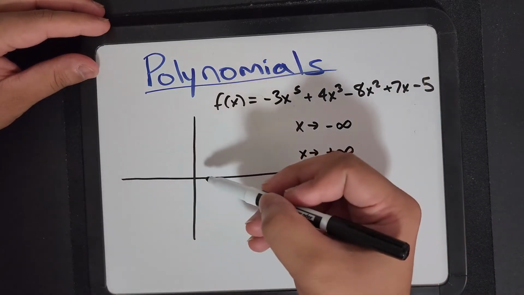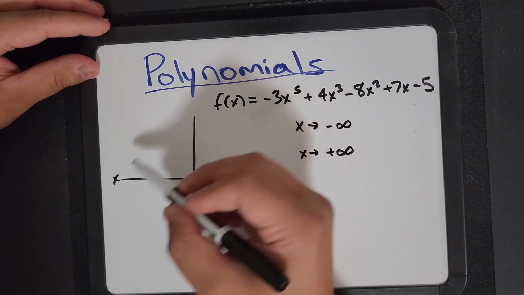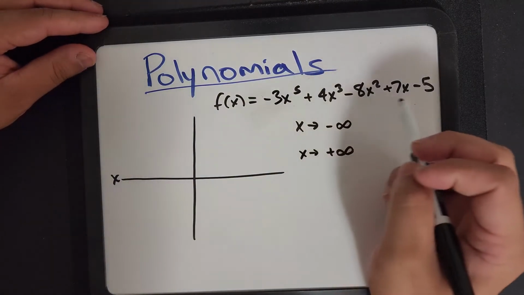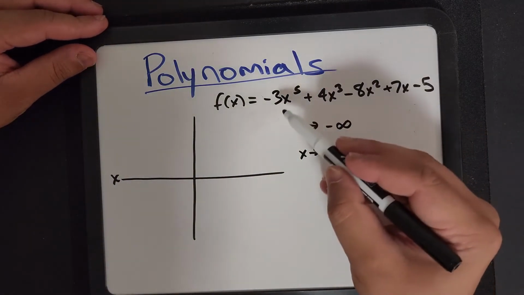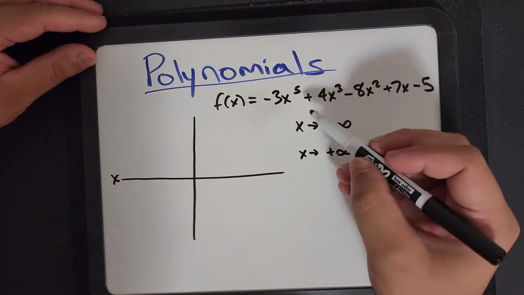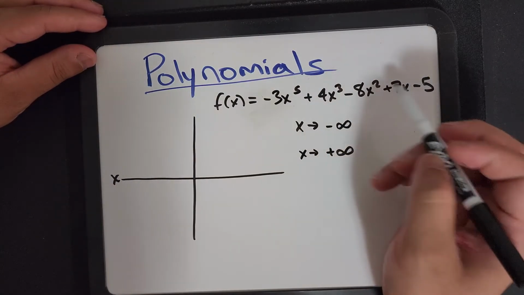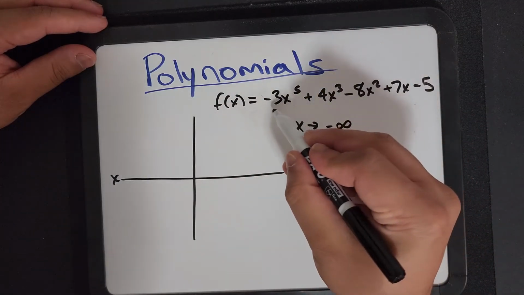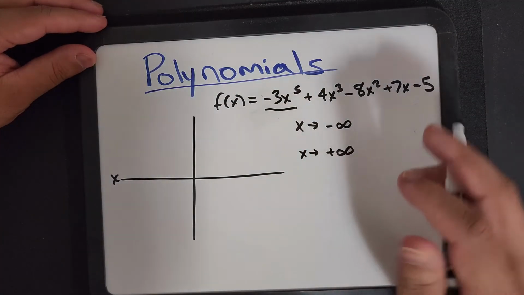So the x value is going into the negative side. If I was to plug in a very big negative number into this, the biggest factor influencing the output here is this first term.